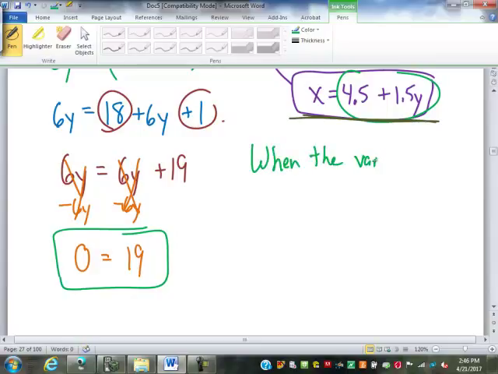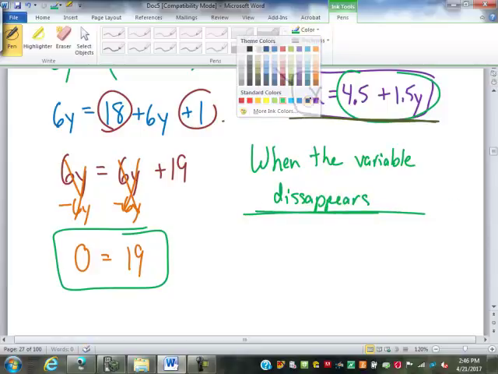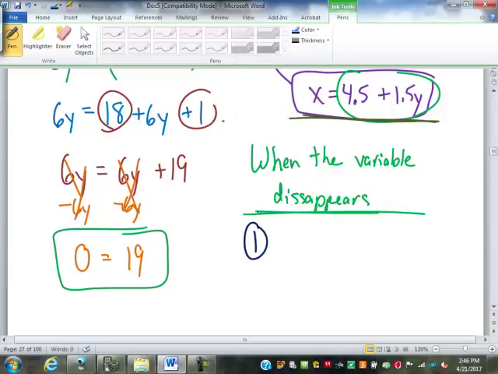When the variable disappears, let me rewrite that so you can actually read it. When the variable disappears, there's two possibilities. The possibility we got here is we got something that is not true. 0 does not equal 19.